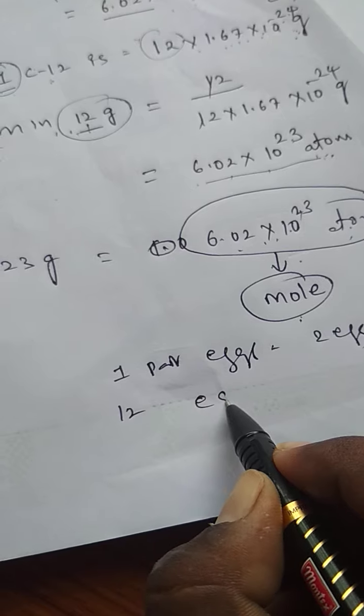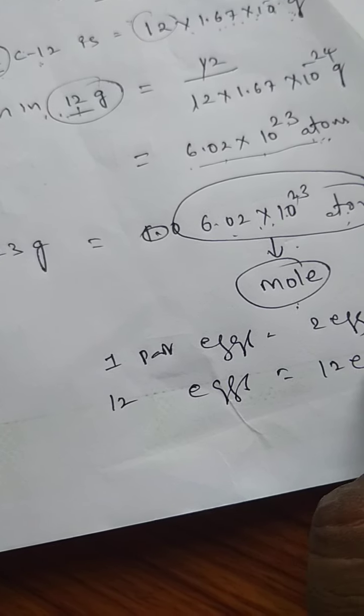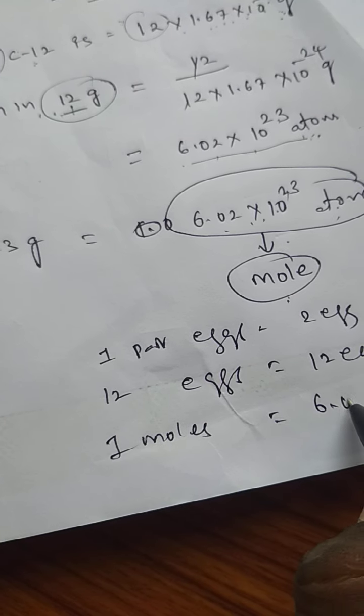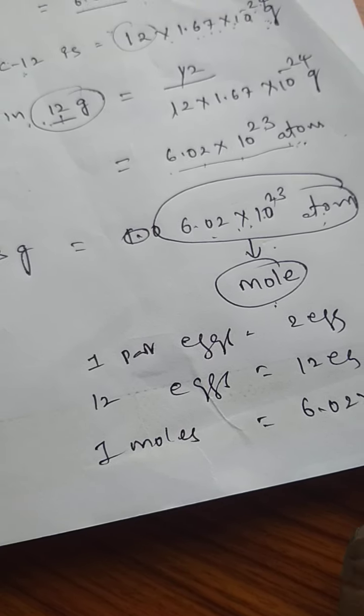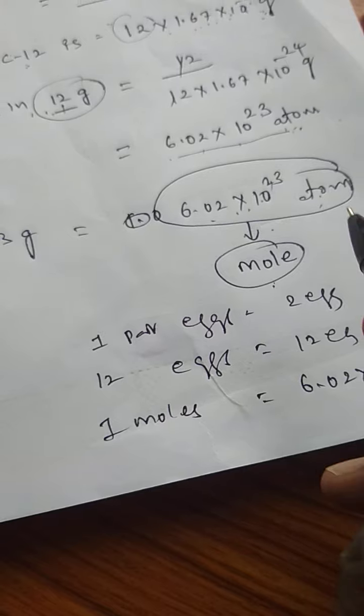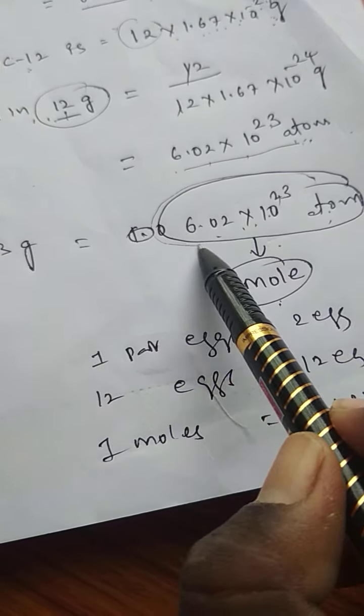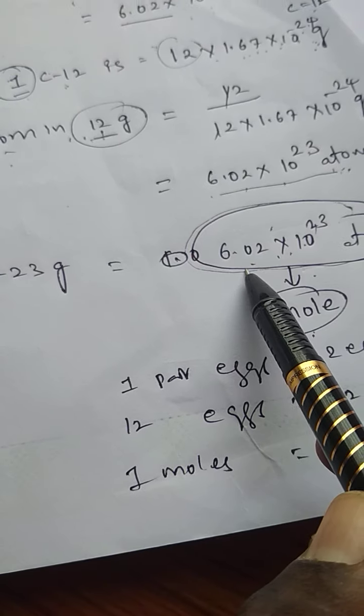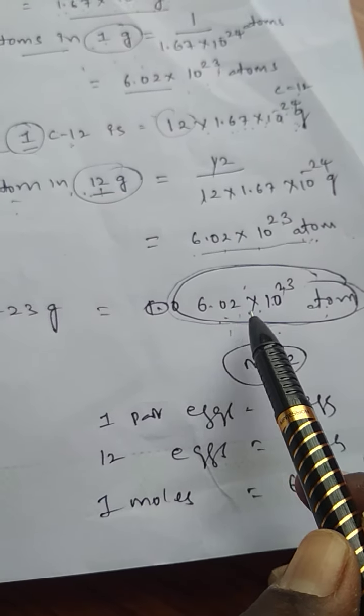A dozen of x is equal to how many x? 12x. Then 1 mole of x is equal to how many x? 6.02 into 10 to the power of 23 x. Hence, mole is a number which is used to count the number of atoms present in a given mass. Mole is a number.